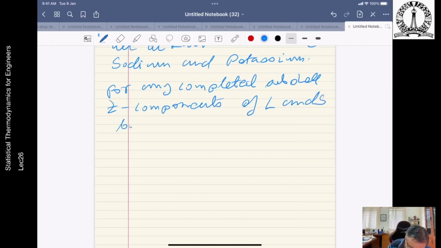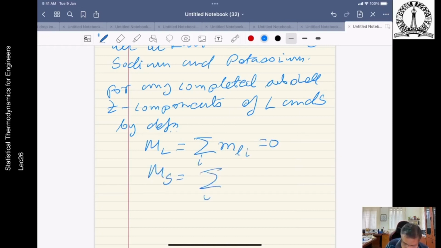By definition, ML is equal to summation M_Li equal to 0, and MS, summation over i of MSi, is also equal to 0.